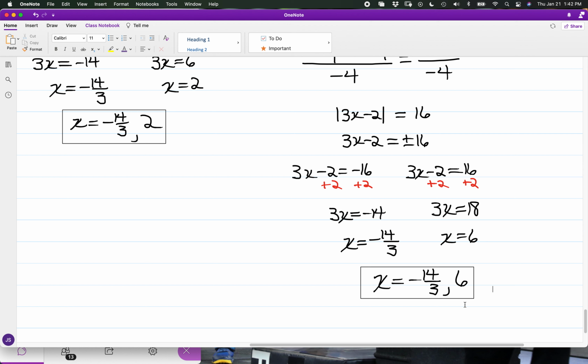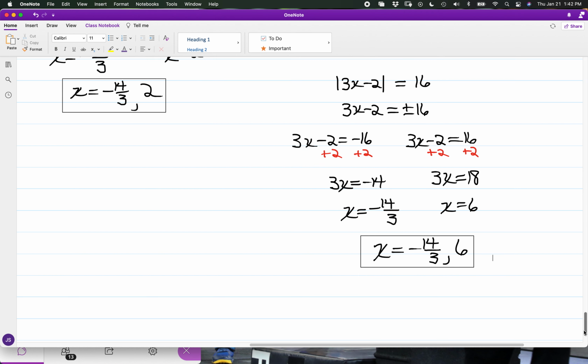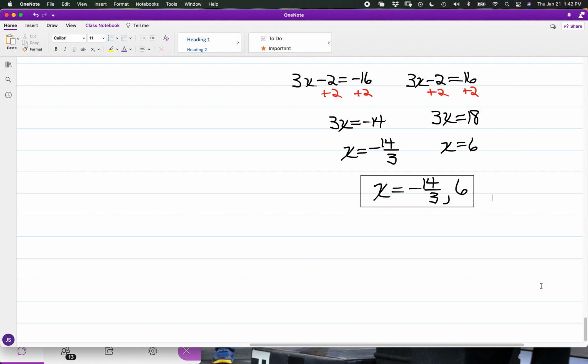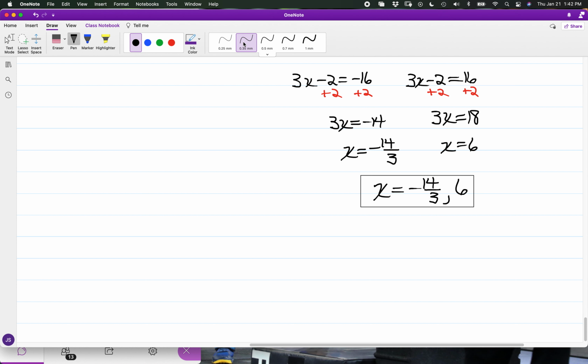Now I'm going to get back to that number 110 just for next time. But I do want to mention something about radical properties.